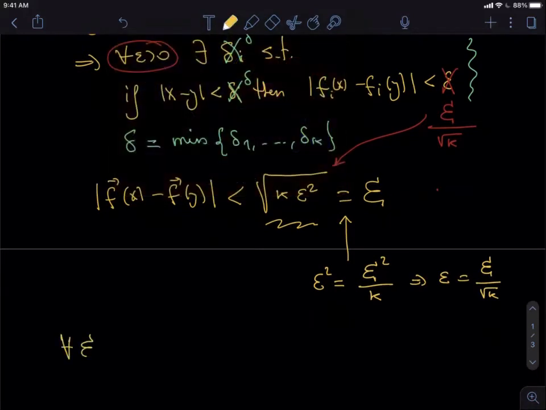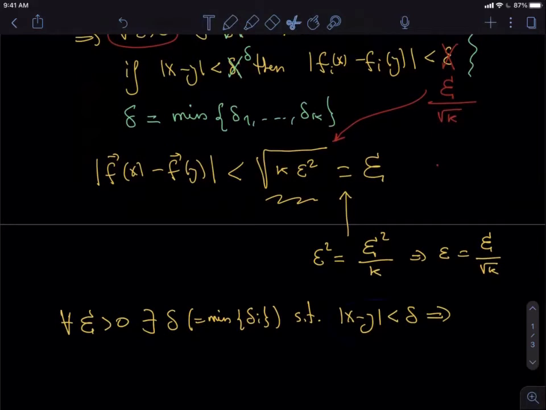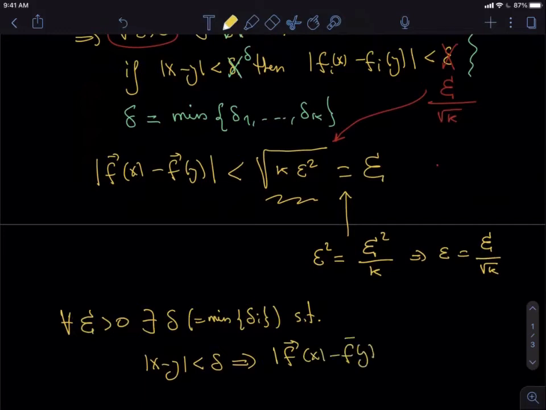So all I'm saying here is, for every epsilon bigger than 0, there exists delta, which is the minimum of the delta_i, but we don't have to say that, such that the norm of x minus y less than delta implies the norm of f(x) minus f(y) less than epsilon.